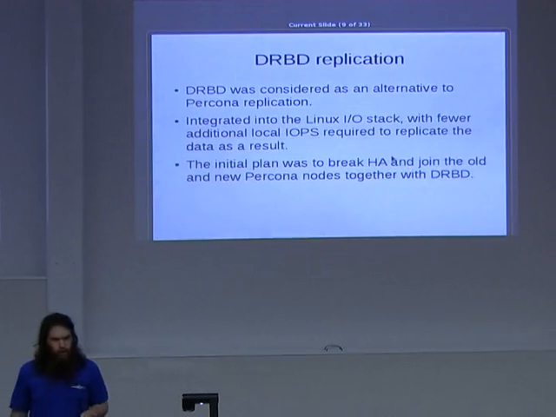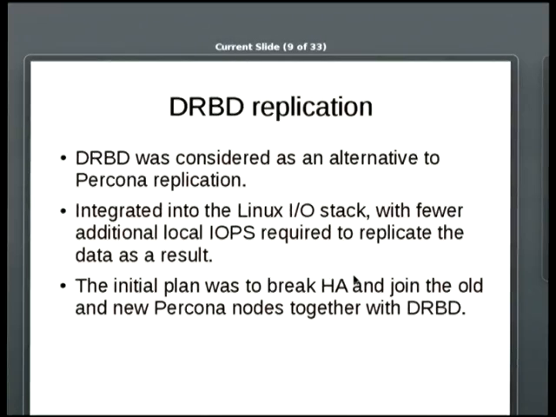So we thought, we're using DRBD already for data replication within the cluster. Can we leverage DRBD to transport the data from one cluster to another? DRBD is integrated into the Linux I/O stack, so unlike with Percona replication, where the writes need to be logged separately for replication, DRBD gets the writes, writes them to disk and also writes them across a network.